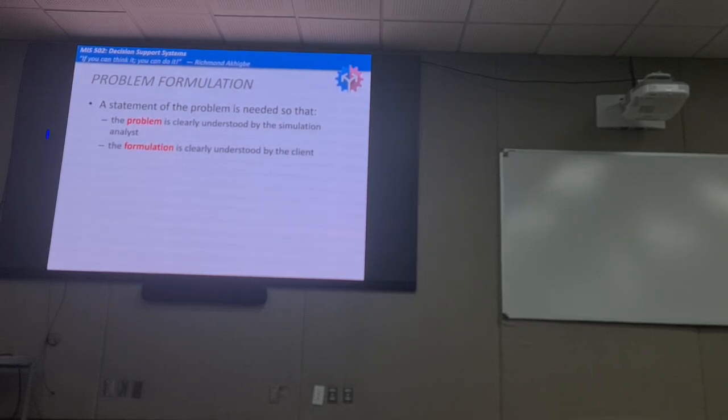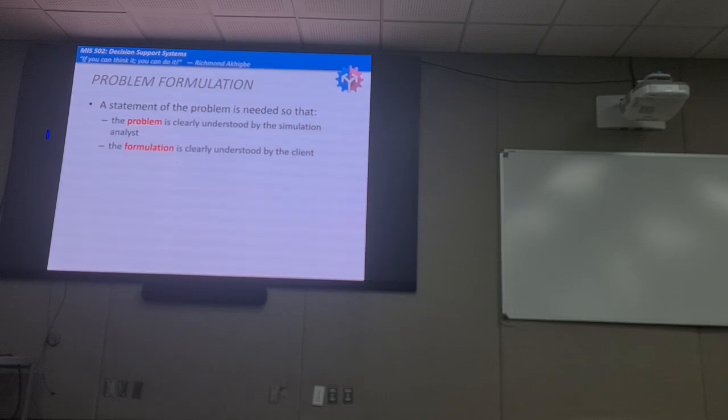If you go to a hospital and there are long queues, that's your problem. It does not have to be too complicated. If I go to a hospital and I have to wait 2 hours every day on average, you define that as a problem, right? The formulation is the conceptual model that you develop.